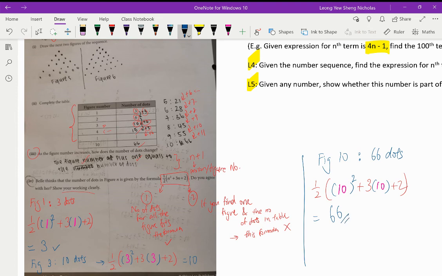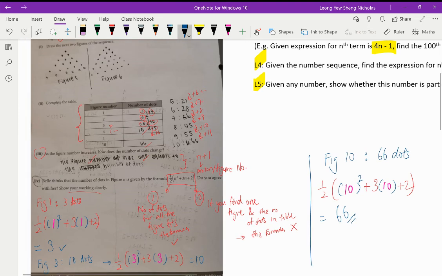So this tells me that the formula she gave here agrees with all the numbers of dots that she listed here. No matter whether you use figure 1, it works. Figure 3, it works. And figure 10, it also works. That means that I agree with this formula.